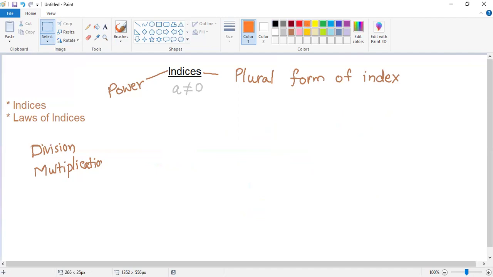Okay, now we'll see rule number 5. Rule number 5 is very simple. A power 0 will be equal to 1. Any number that has a power 0 will be equal to 1.